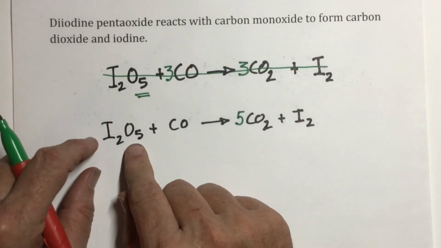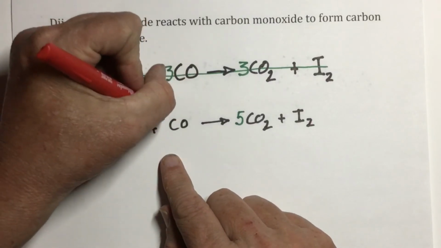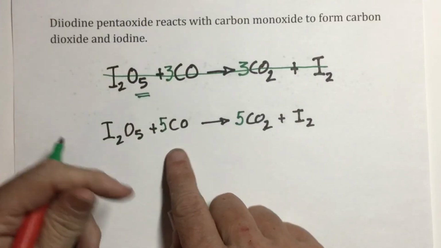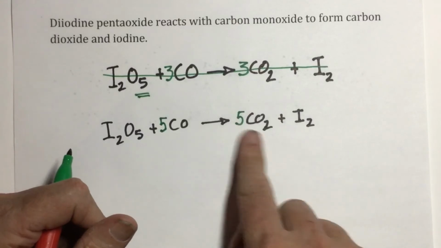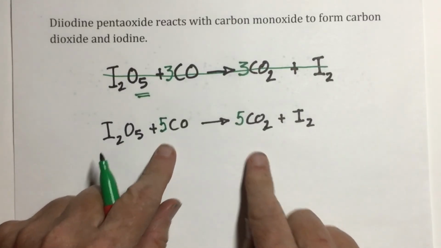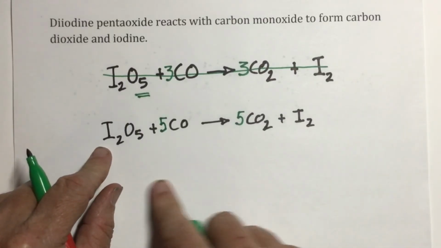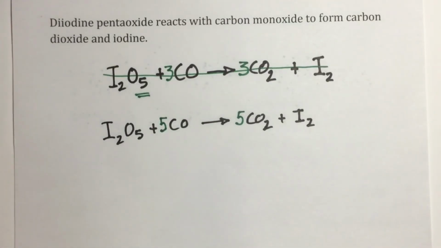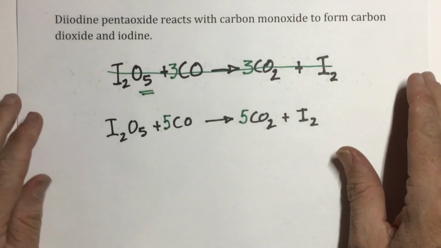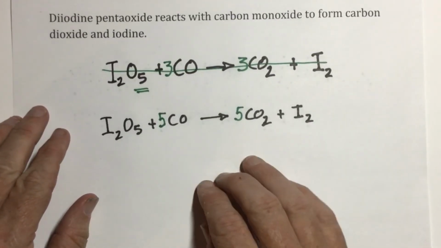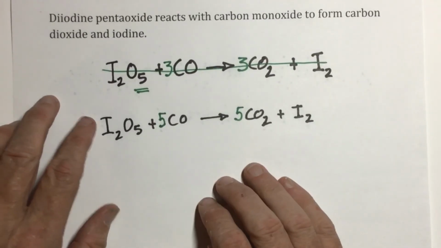I now have 5 oxygens over here, and if I put a 5 there, I now have 10 oxygens total, 10 oxygens, 5 carbons, and 2 iodines. Done. And hopefully you think, well, no, that was easy. Well, yeah, that would be a good thing if that were true. All right, so there we go.